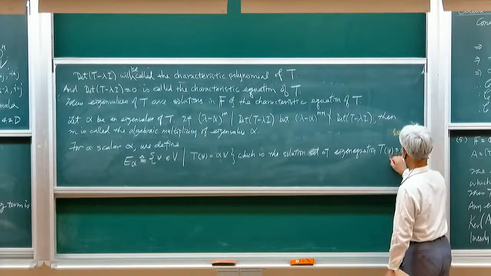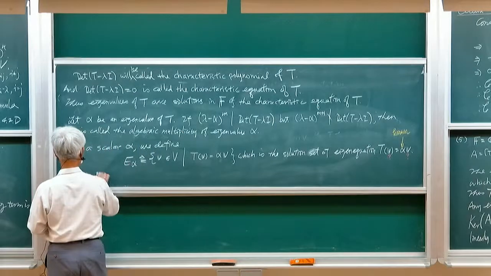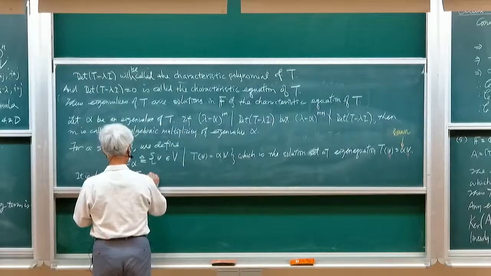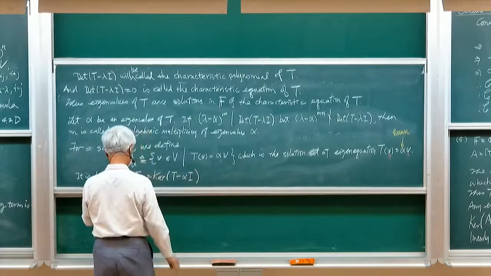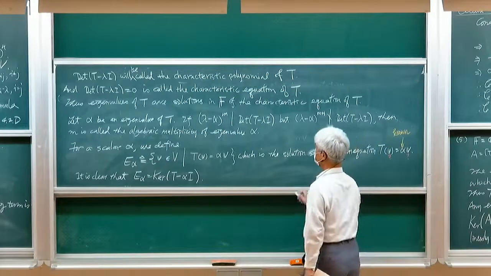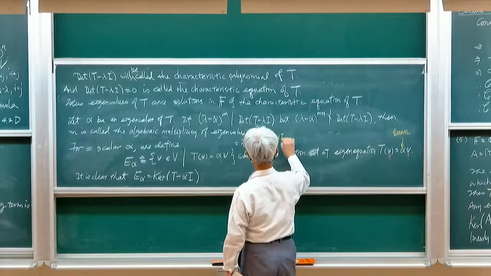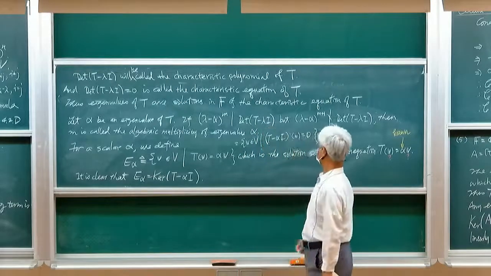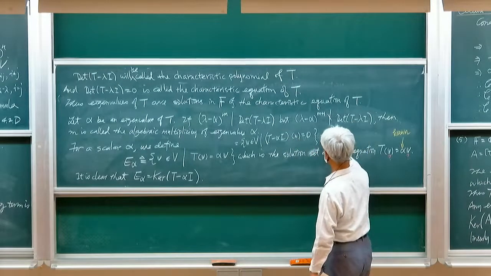Now it is clear that E alpha is the kernel of T minus alpha I. Okay, so it is clear because this is equal to the set of V such that (T minus alpha I)V is the zero vector.